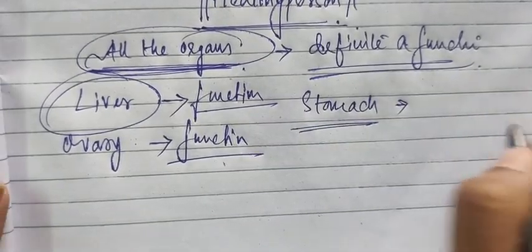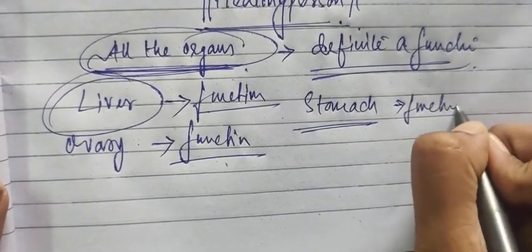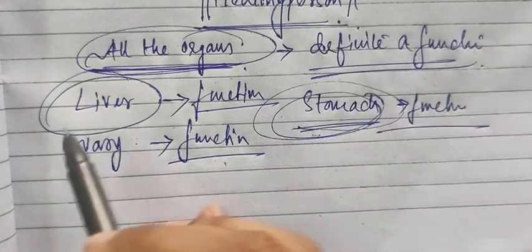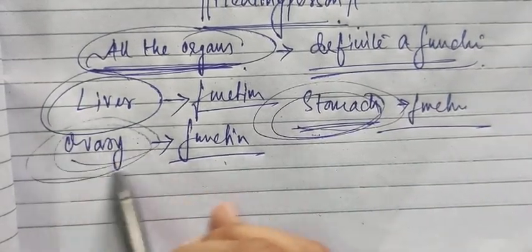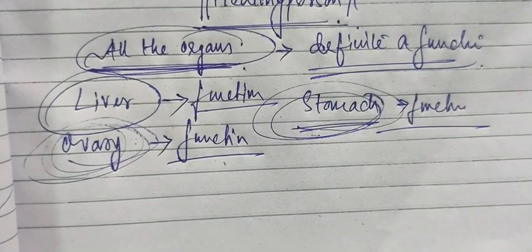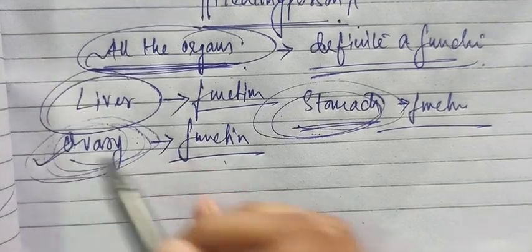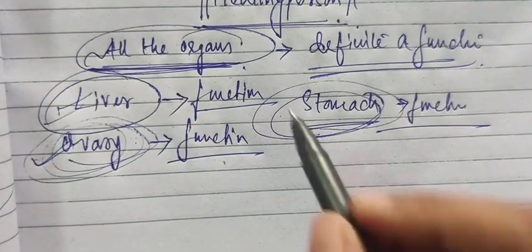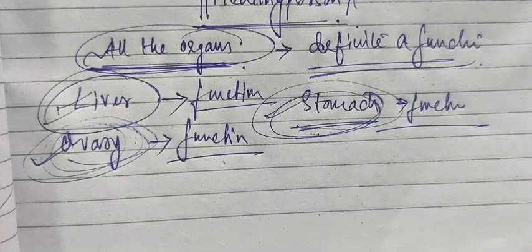The stomach has one particular function. The function played by the stomach can never be played by the ovary. Liver, ovary and stomach each have their own particular function.